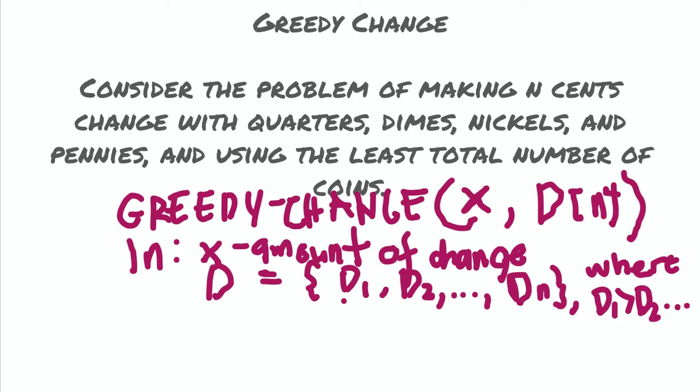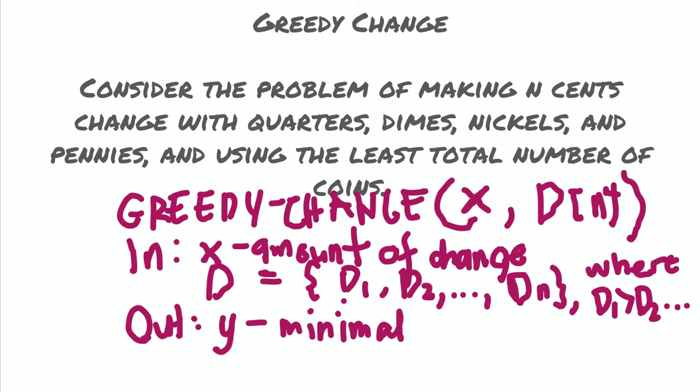And we could simply come up with counting. So our output will be the count of minimal coins.